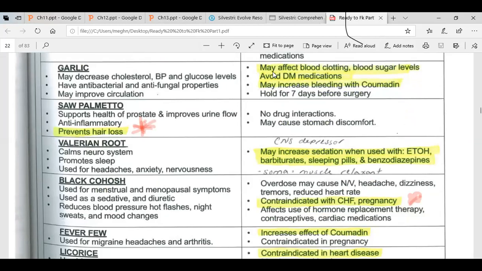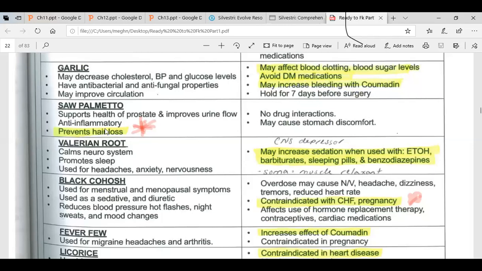With garlic, if a patient already has diabetes, they should avoid it. If a patient takes a blood thinner like Coumadin, they should avoid it because of bleeding tendency. Same if the patient goes for a surgical operation, they have to hold it.